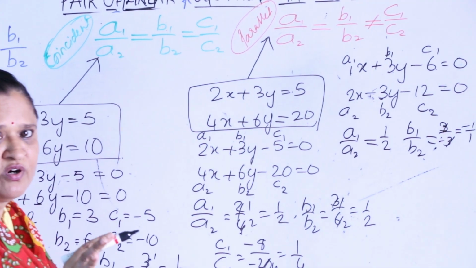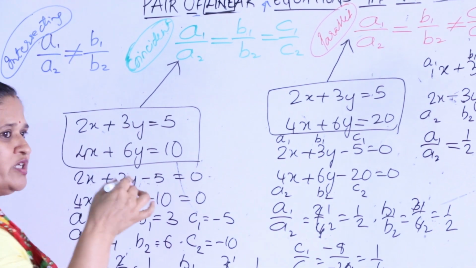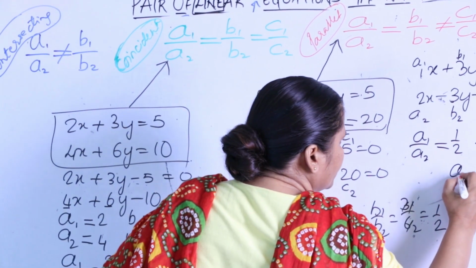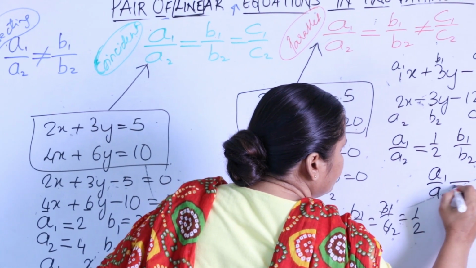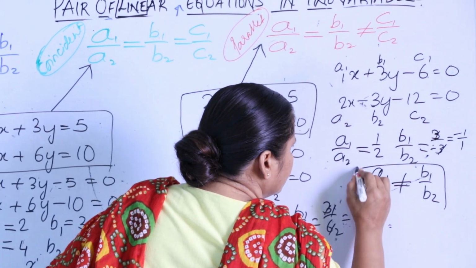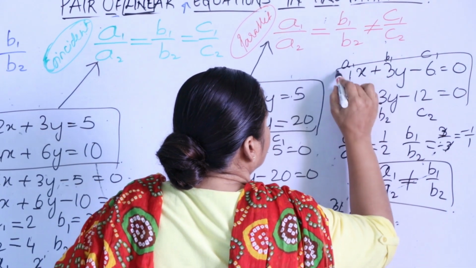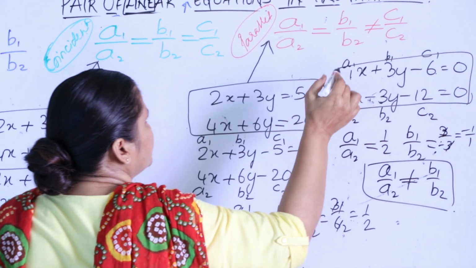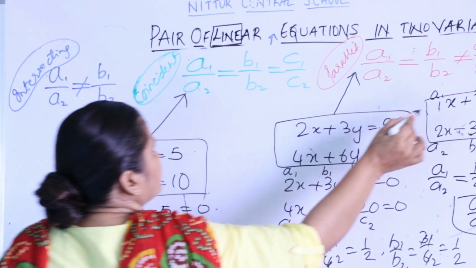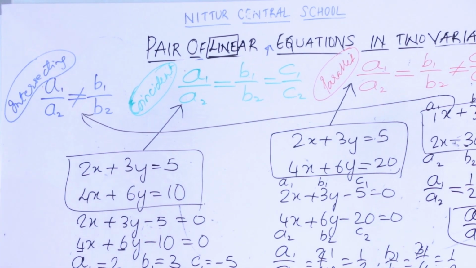As I told you before, once you find that these two are not equal, you don't even have to check the C1 by C2 ratio. Right? So, you can stop at this and conclude that this set of equations is intersecting.